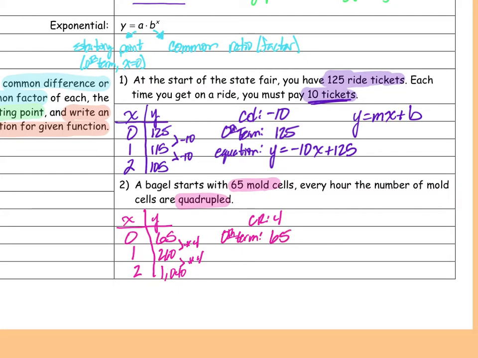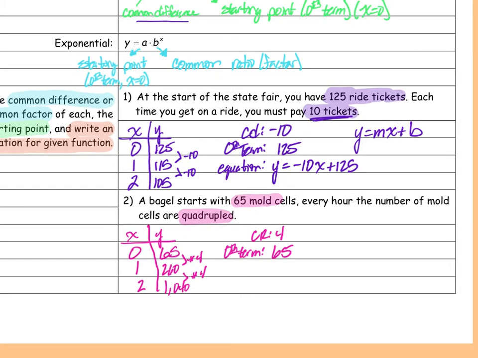Because I have a common ratio, I'm using the equation y equals a times b to the x power. Please don't confuse this B. I need to reinforce this again, and I probably didn't reinforce it enough yesterday. This B is not the same. They're not the same B's.